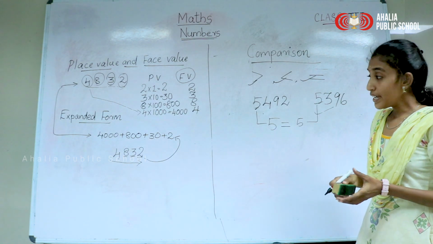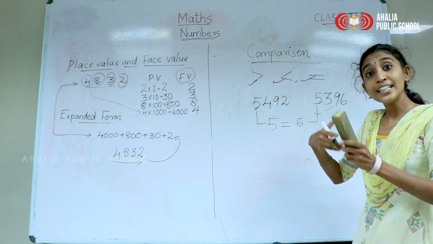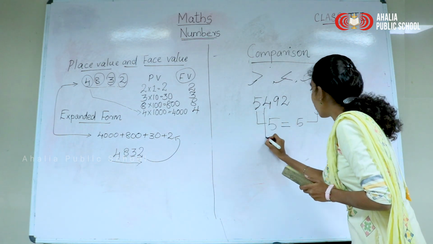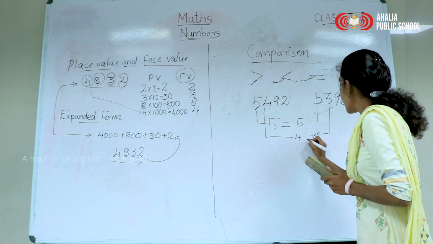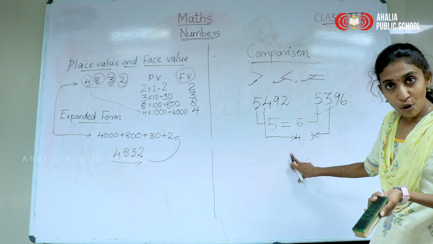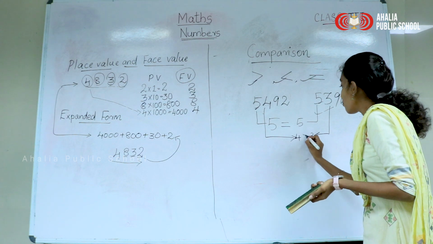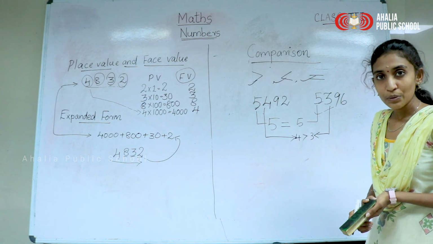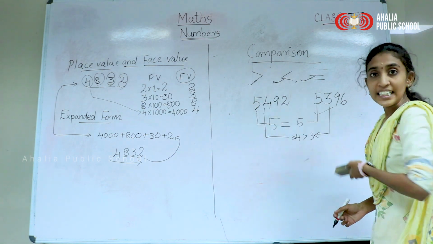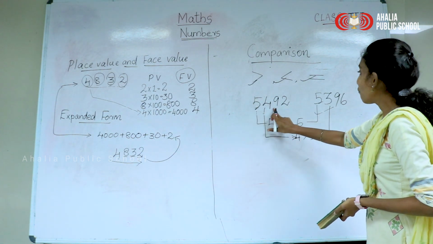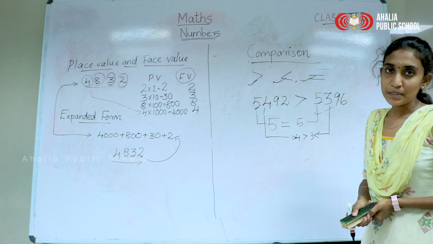So now let's move on to the next digit. Here it is 4, here it is 3. Which is greater? Yes, 4 is greater. The number in which the 4 is there will be the greatest, so 5492 will be the greatest number.